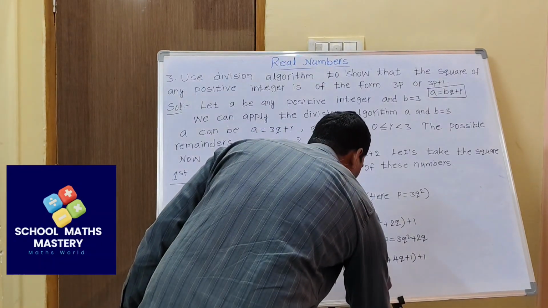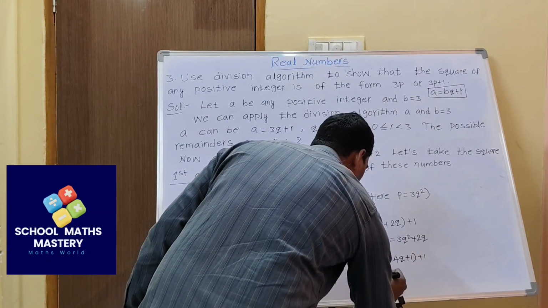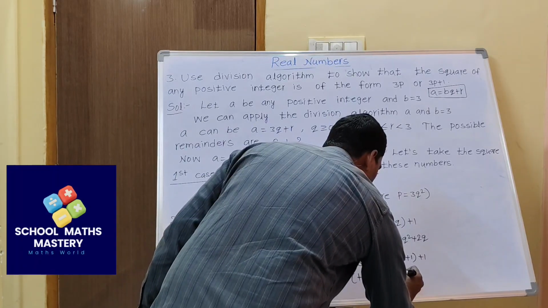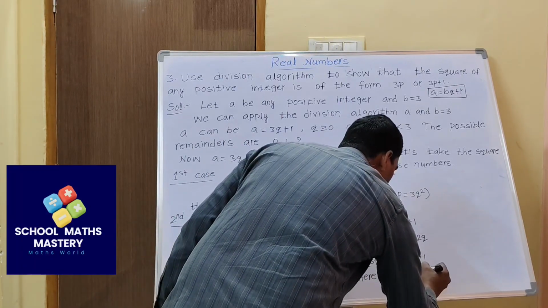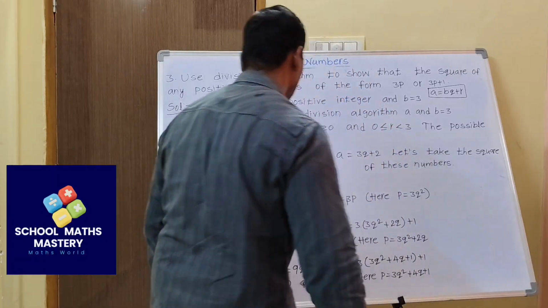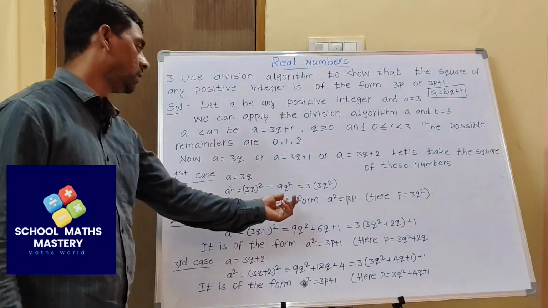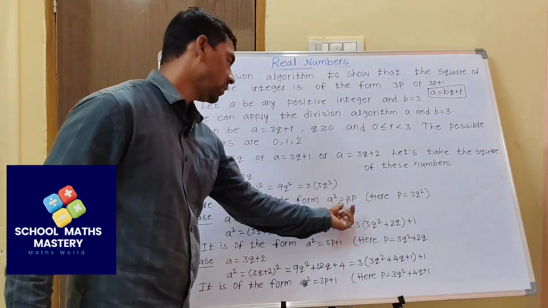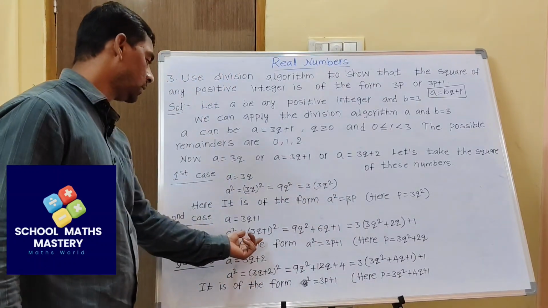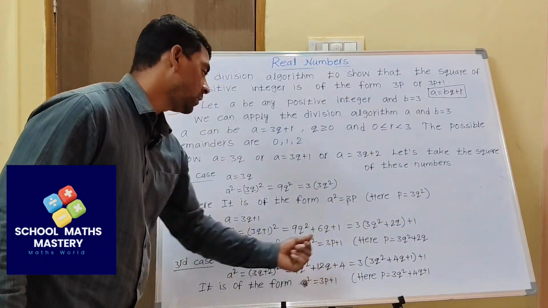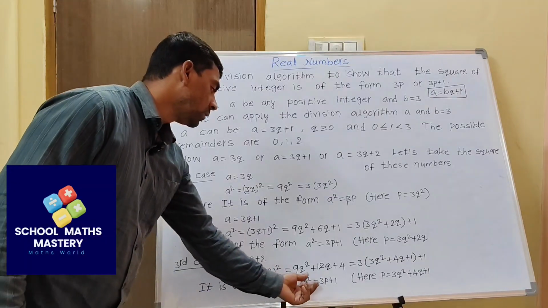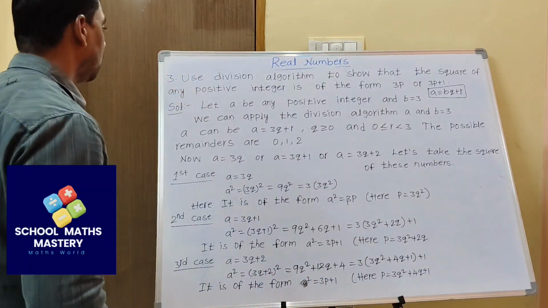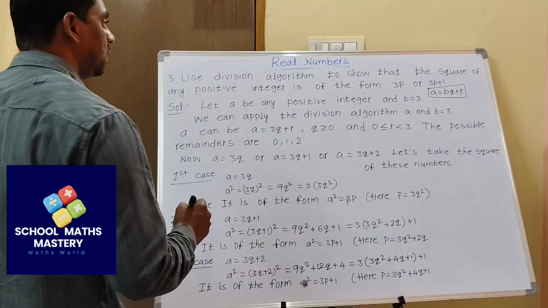Here p equals 3q square plus 4q plus 1. So our first case, a square equals 3p. Second case, a square equals 3p plus 1. Third case, a square equals 3p plus 1. So our problem is solved.